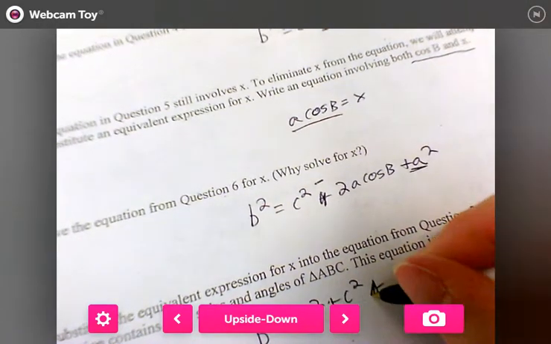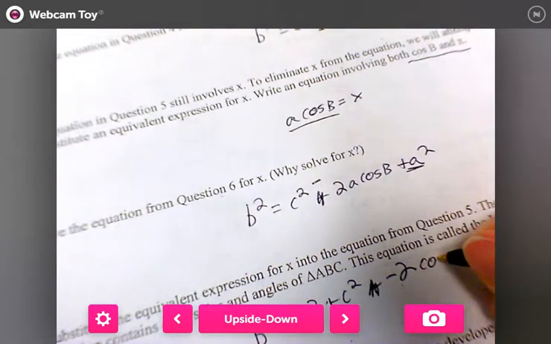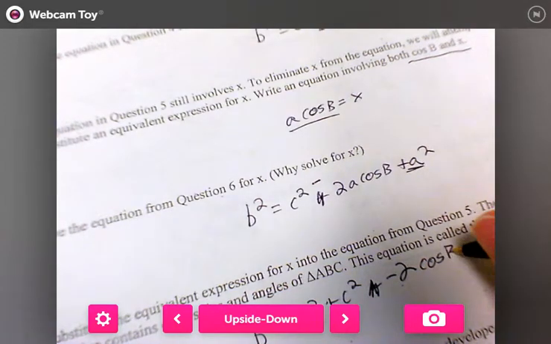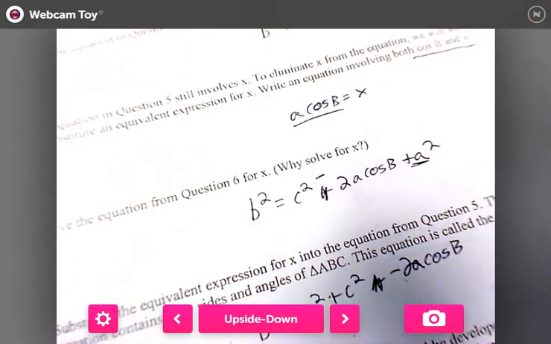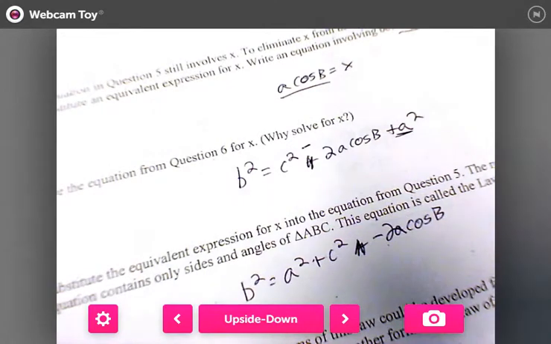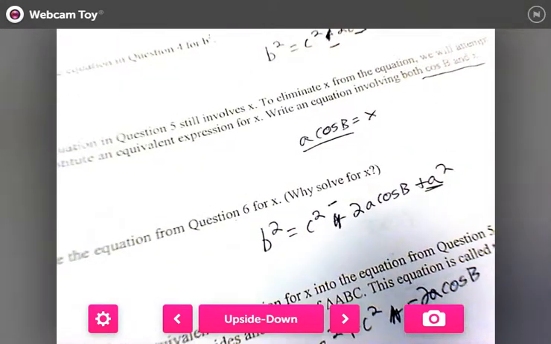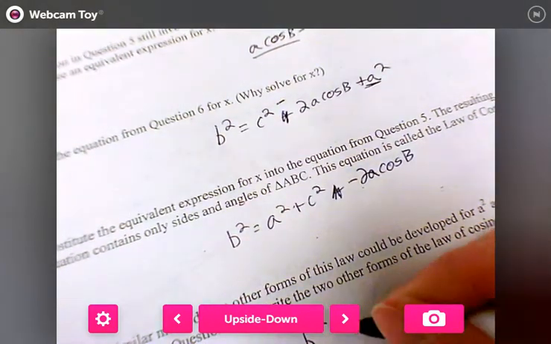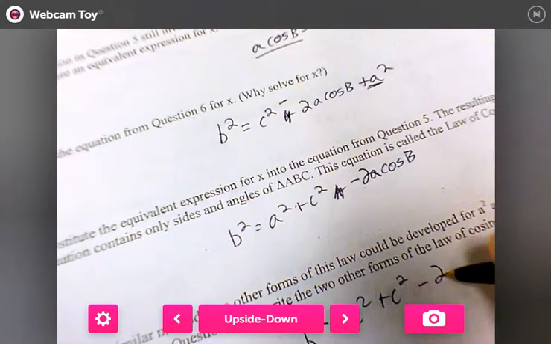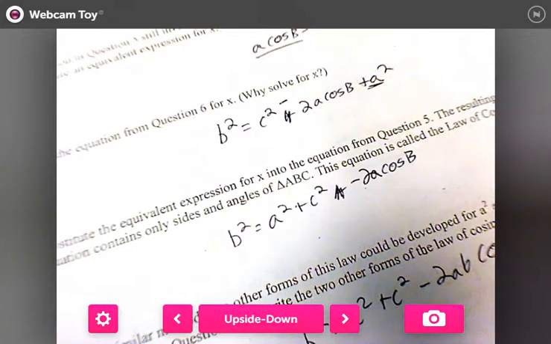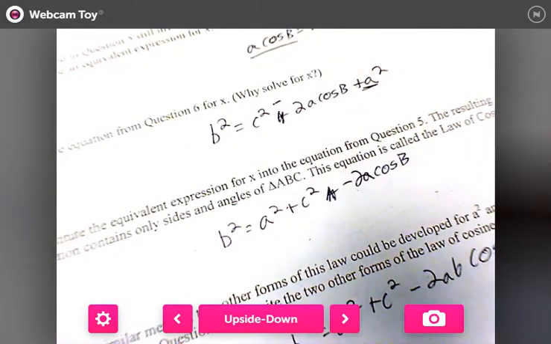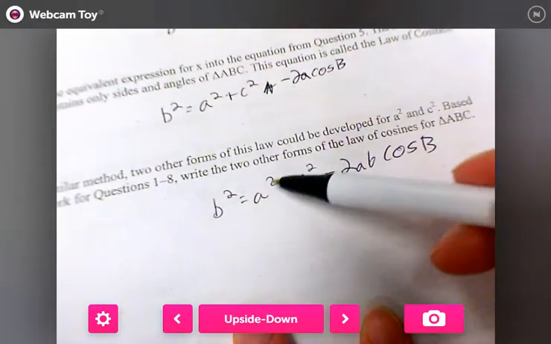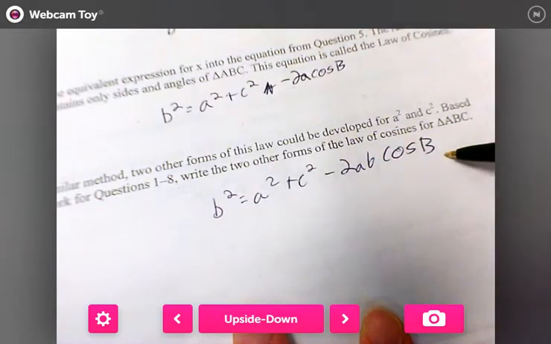So this needs to be minus 2a cosine b. So this results in what looks like the law of cosines, which is what you'll be using, minus 2ab cosine b. So there are 3 ways to write this. Okay? B squared equals a squared plus c squared minus 2ab cosine b.